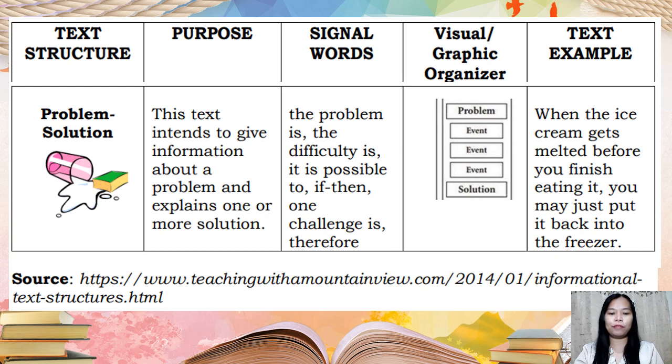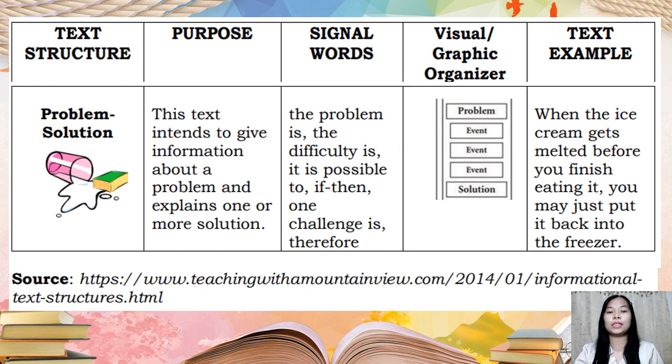And the visual graphic organizer that we can use is this one, wherein the problem is stated and then here are the events that happen due to the problem, and after presenting the events due to the problem, what then is the solution? So this is a helpful graphic organizer to be able to use text structure on problem solution.